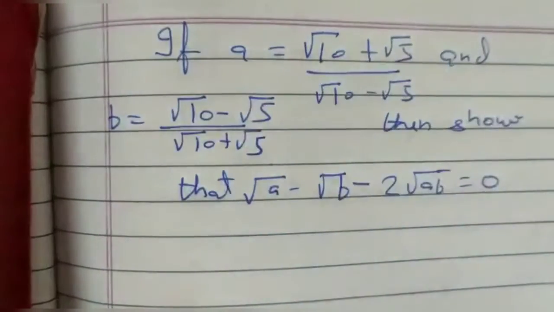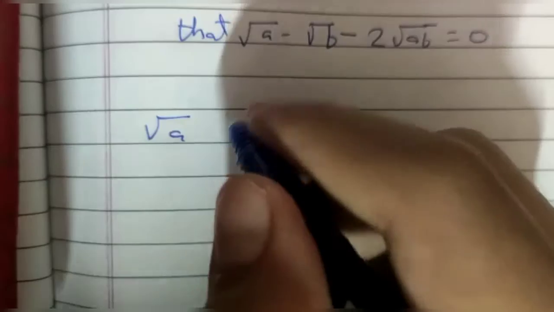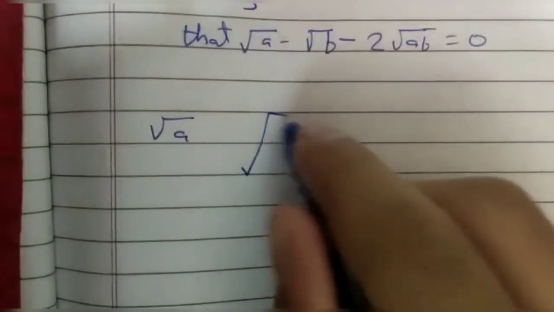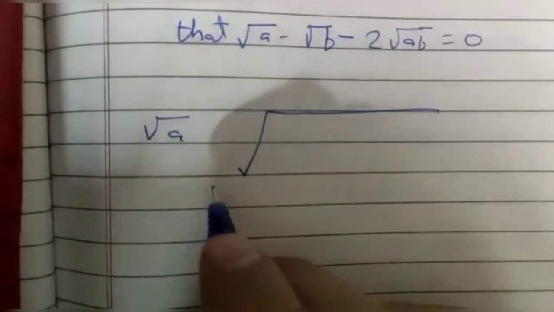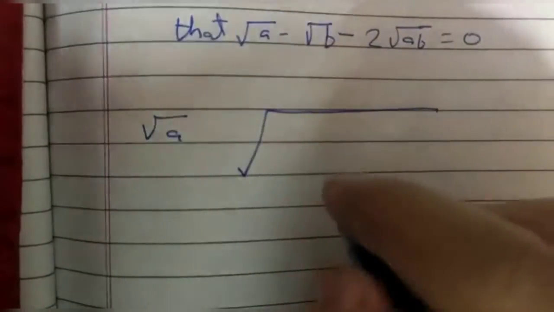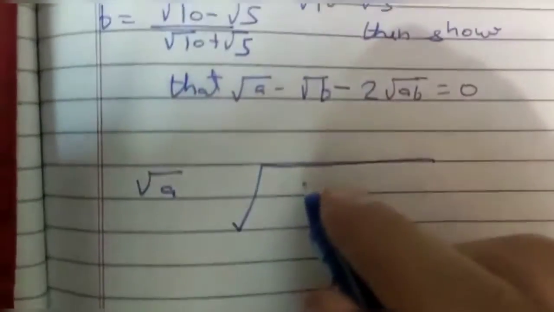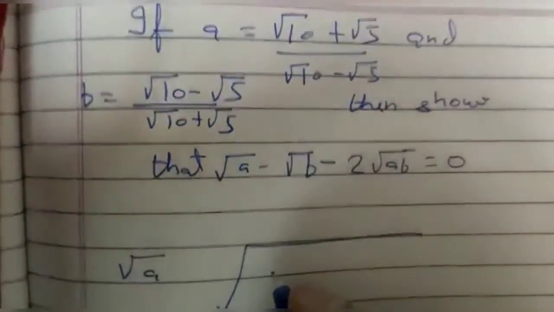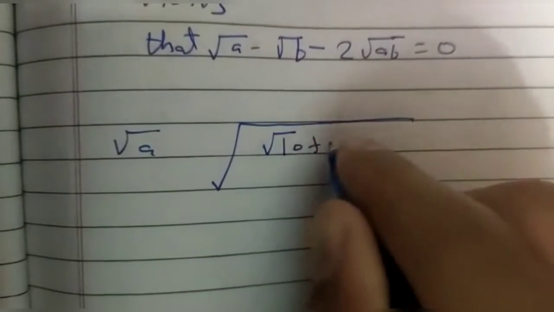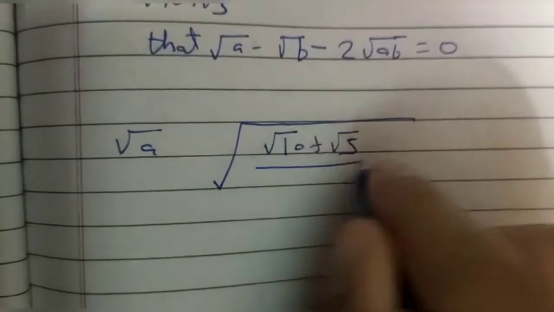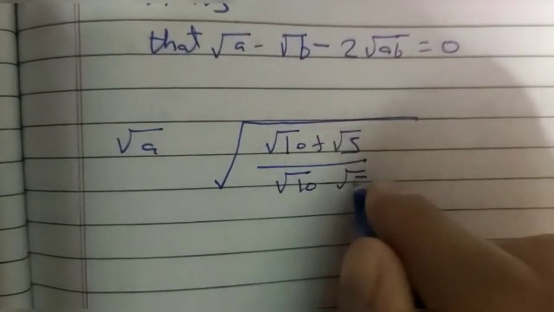So first of all, let me determine the value of root a. For this, it is under the root sign, and then I'll put the value of a. The value of a is given: root 10 plus root 5 upon root 10 minus root 5.